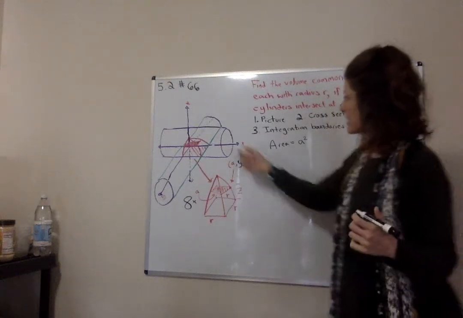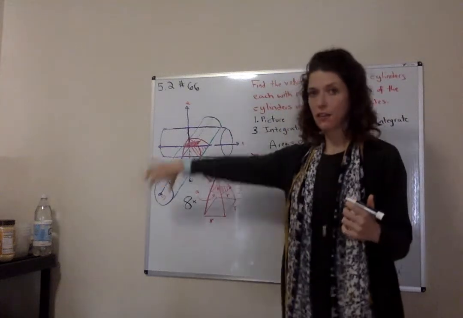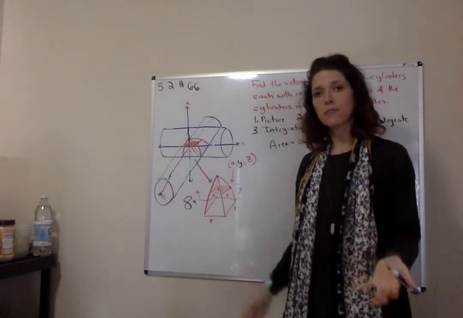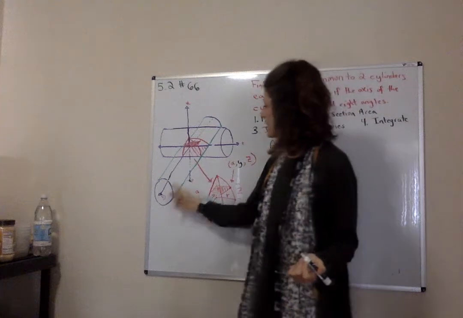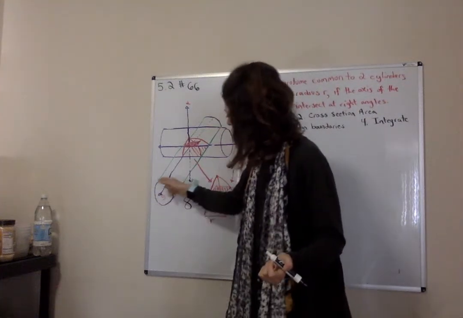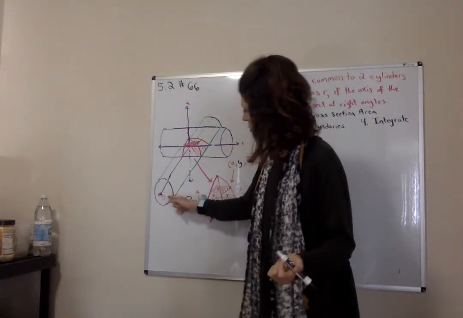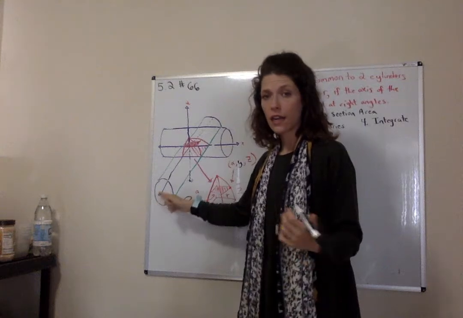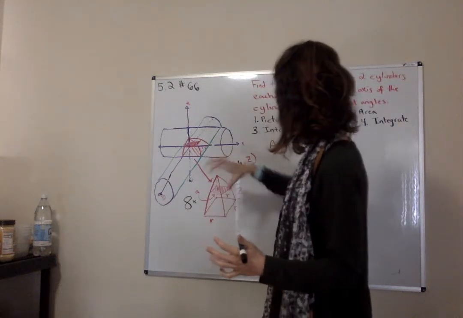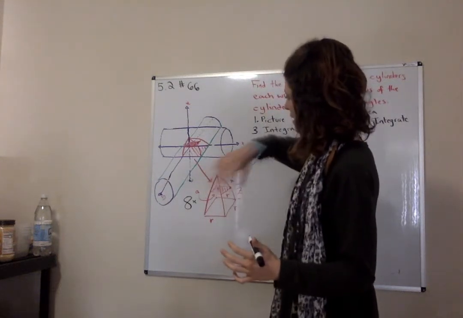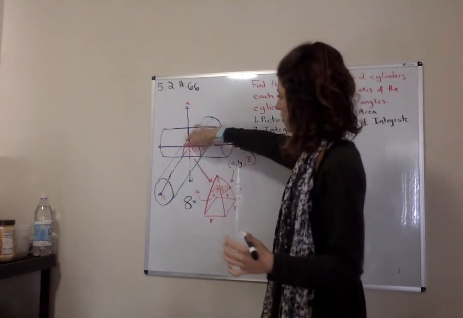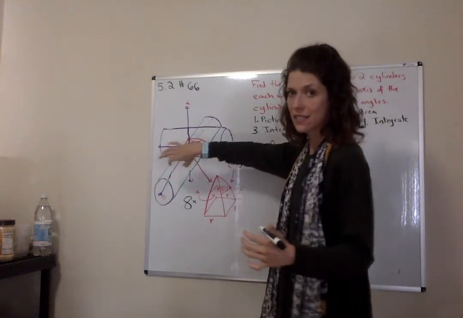The cylinder that's popping out of the board here is a circle with radius r in terms of x and z that then runs up and down the y-axis.